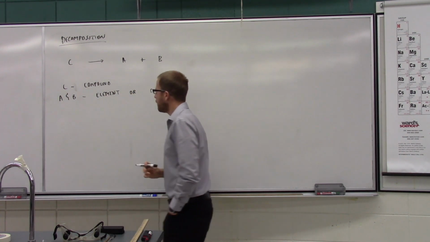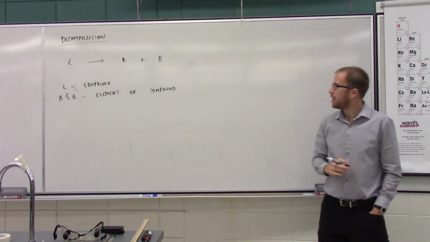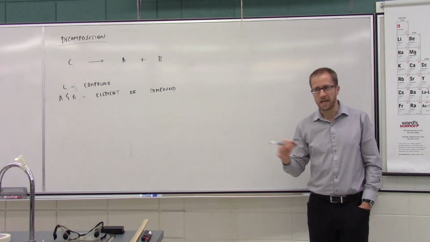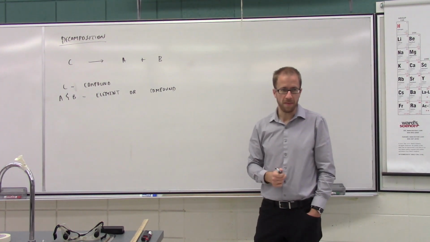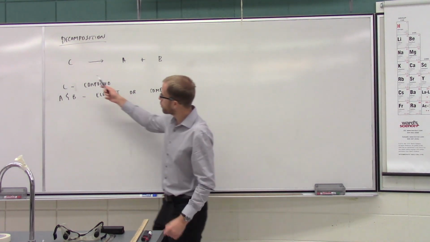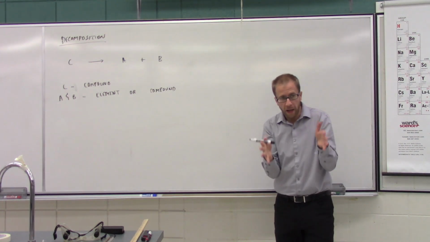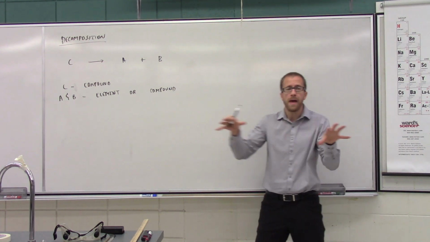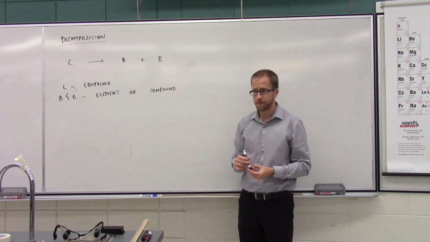Now, if I ever give you a decomposition reaction, when we're predicting products, for example, A and B are always going to be elements. But sometimes I'm going to give you one where you have a very large compound and it breaks into two smaller compounds. You need to realize if you have one thing and it breaks into many things, that is a decomposition reaction.